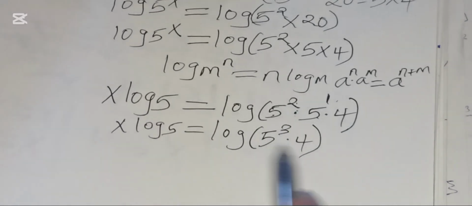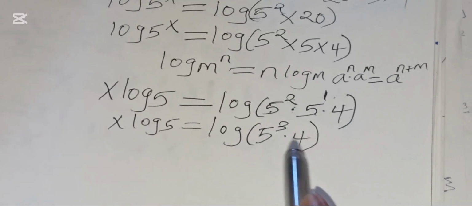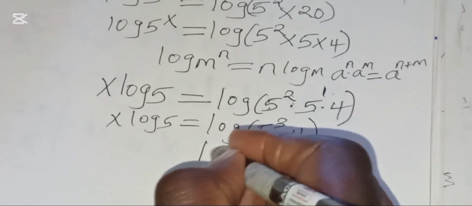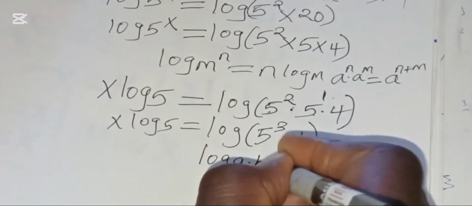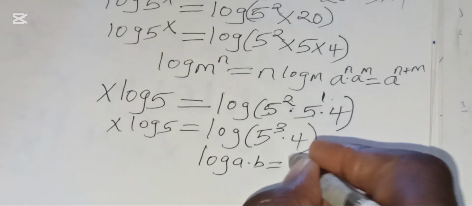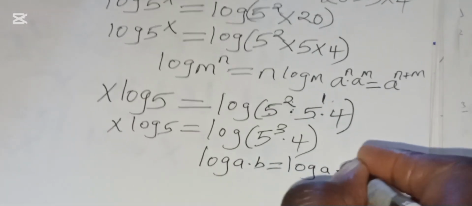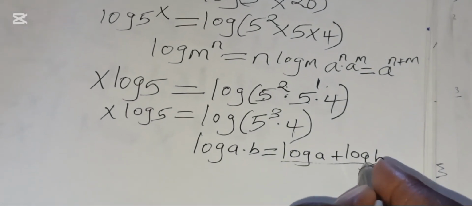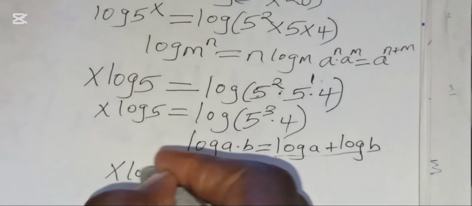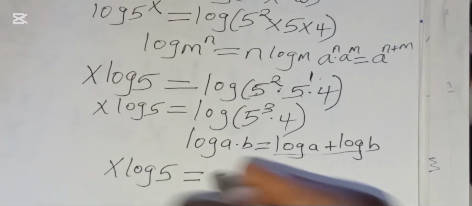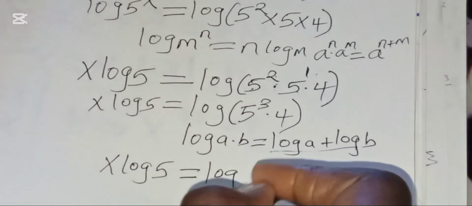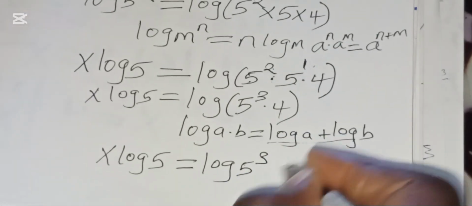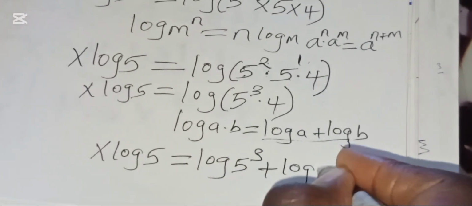So from the right hand side, log 5 raised to power 3 multiplying by 4, this is in the form of log a multiplied by b, which you can express as log a plus log b. So let's apply this property. So you will have x log 5, this is equal to log 5 raised to power 3 plus log 4.